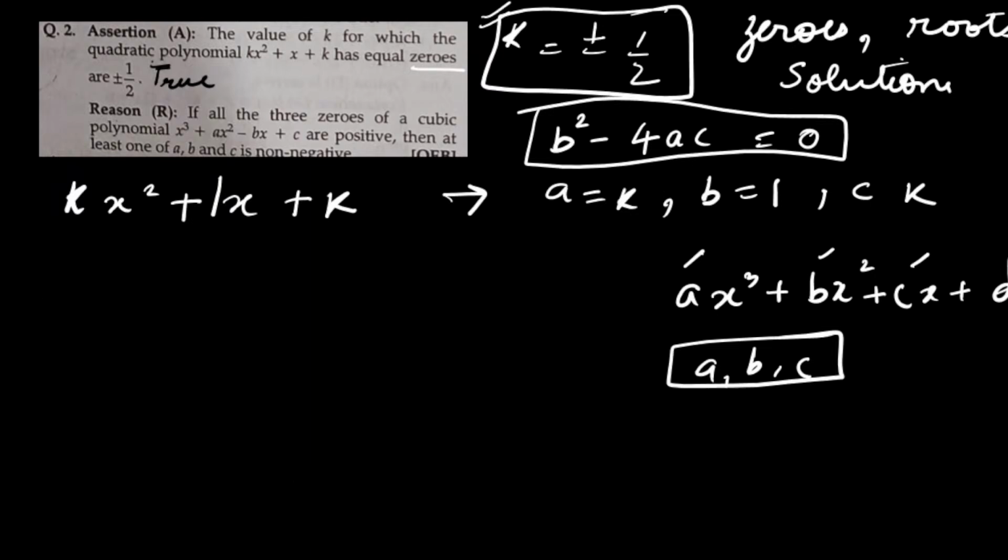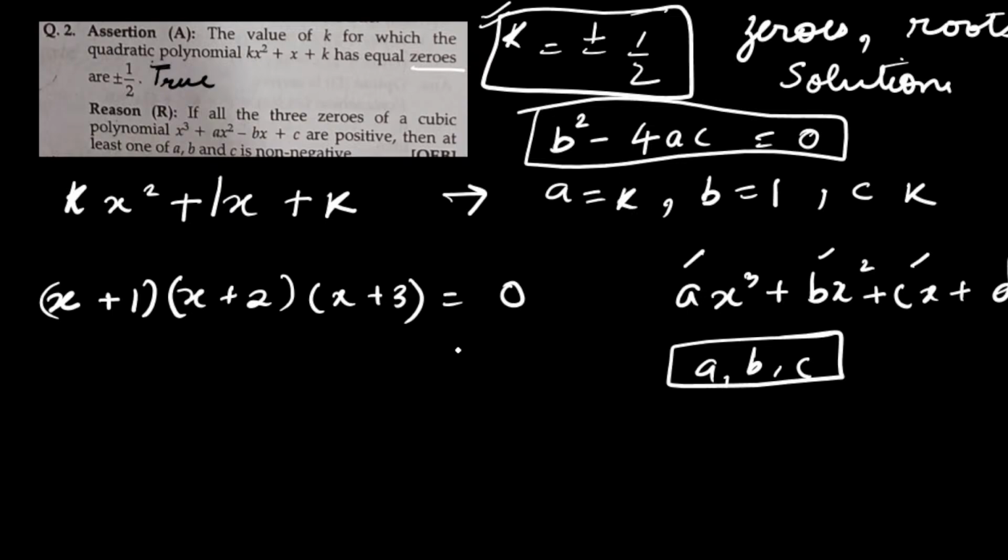So suppose I am taking one example. If the equation is like this, they are telling the zeros are positive. Normally when we write the equation, it is in this form: x plus 1, x plus 2, x plus 3 is equal to 0.